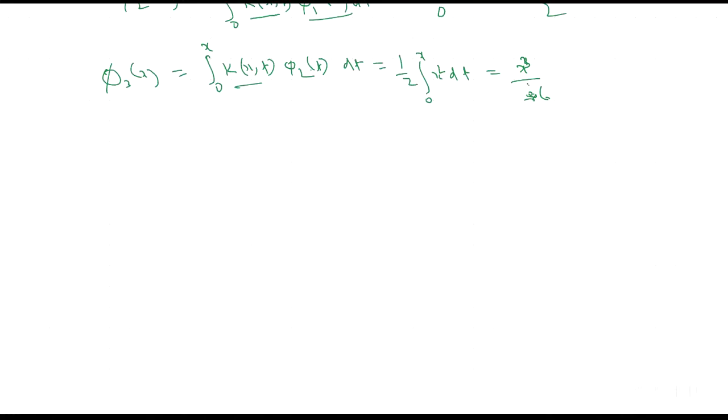By induction, it is easy to see that phi n of x equal to x power n divided by n factorial.